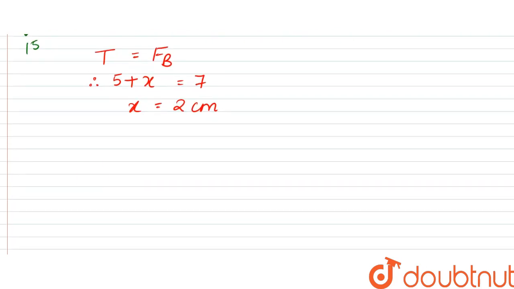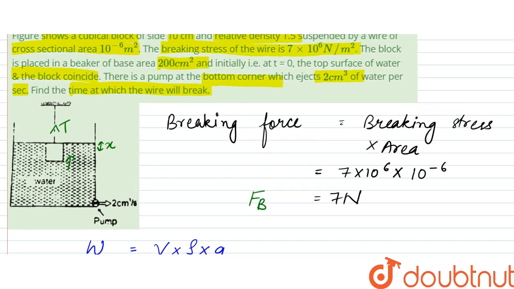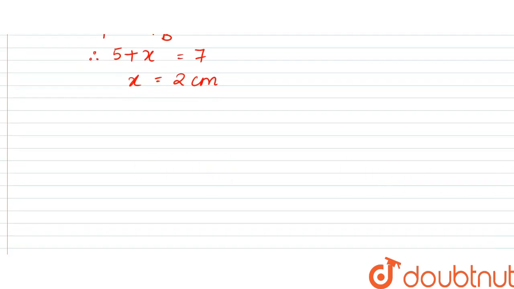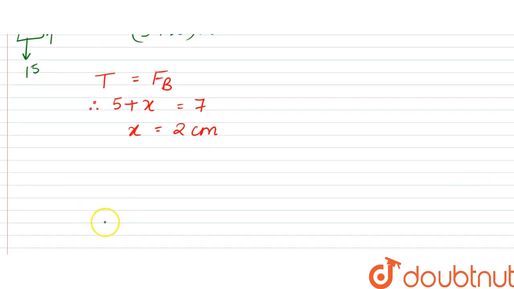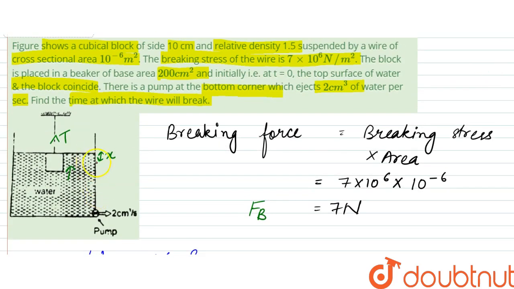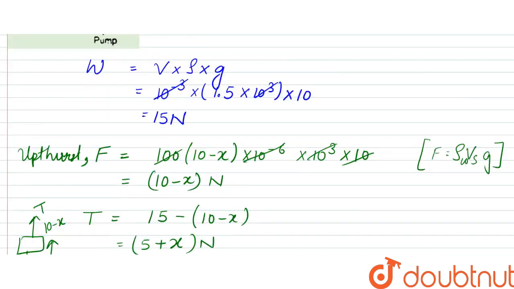Now what we are given here is that the pump ejects 2 centimeter cube of water per second. So we can say that the volume displaced here would be equal to 200 minus this 100, the area of the block, into 2.